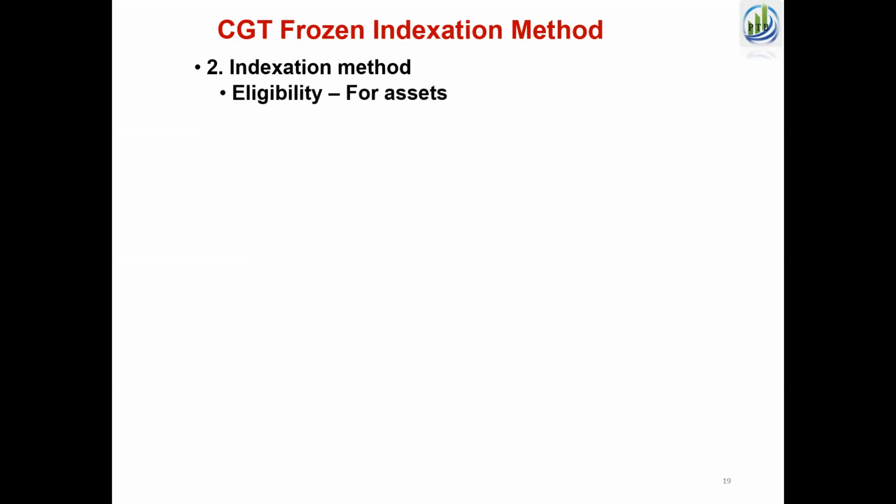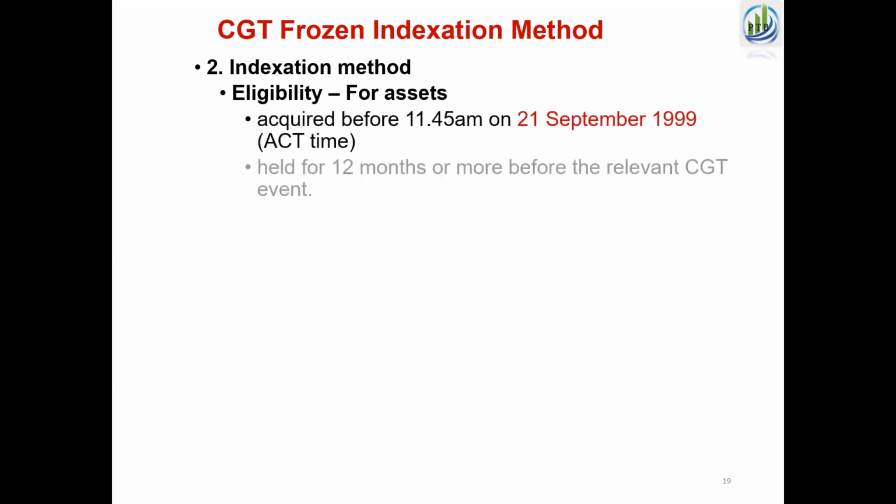Who can use the frozen indexation method? You should have held the asset more than 12 months, plus it should be purchased before 11:45 a.m. Canberra time, when that legislation passed on 21st September 1999. To use the indexation method, you must satisfy two conditions.